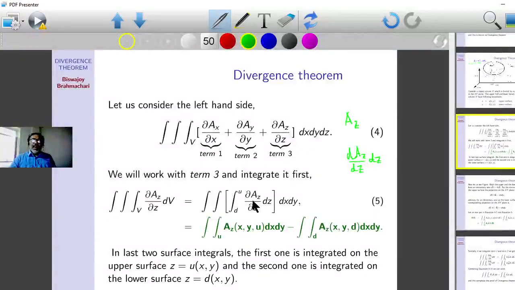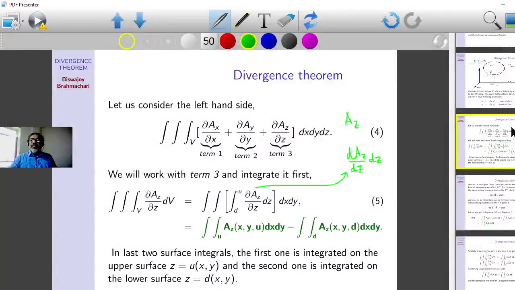The term in this bracket, del Az del z dz: the integrand is simply dAz dz times dz, because when you are integrating with respect to z, you are treating x and y as constants. That means this partial derivative here is replaced by the total derivative.